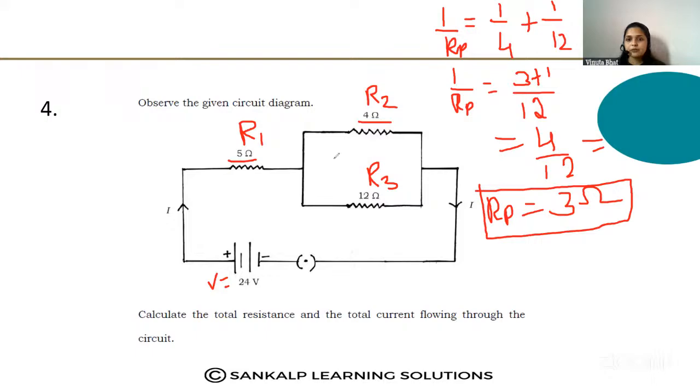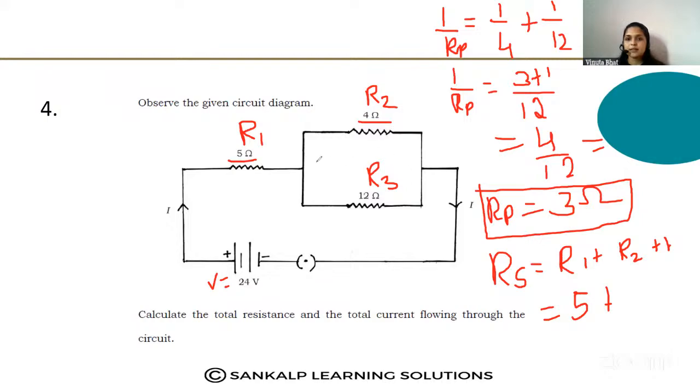Then this Rp is connected in series to this. What is the formula when the resistors are connected in series? Rs is equal to R1 plus R2 plus R3. So here, the total resistance: I will take R1 as 5 ohm plus the parallel combination, which is 3 ohm.